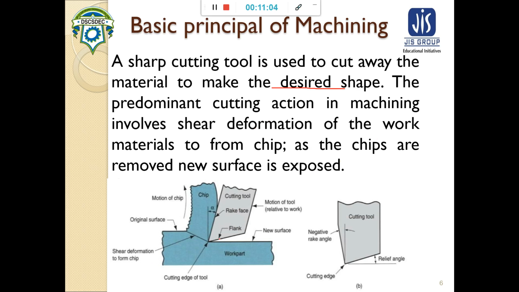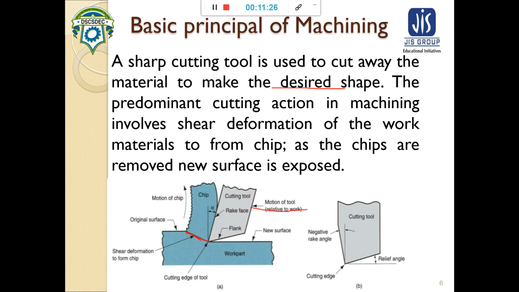In this picture it is seen that at the tip shear deformation starts, and in this plane shear deformation works, and so the material is removed from the cutting edge, and this is the original surface, and this is the new surface called the machined surface.